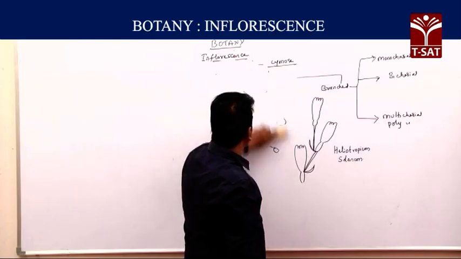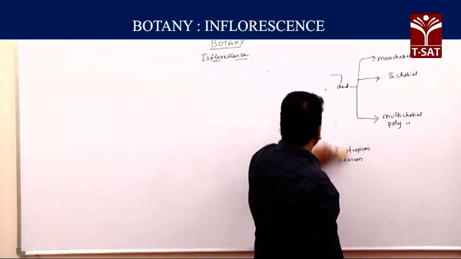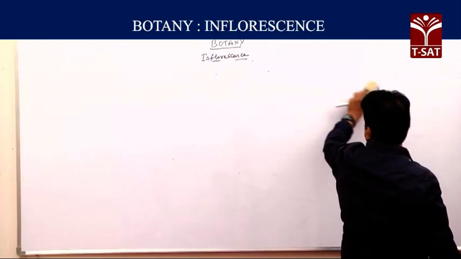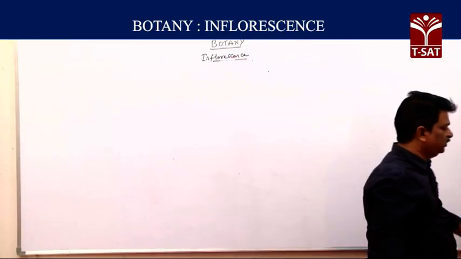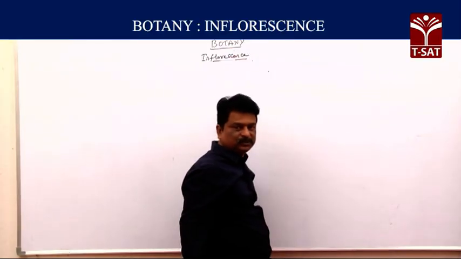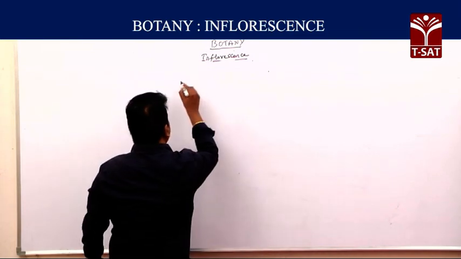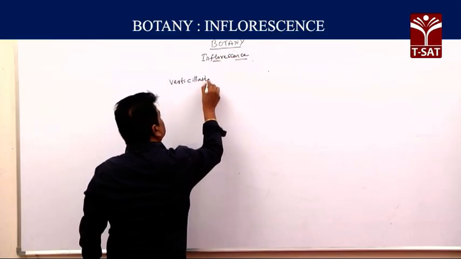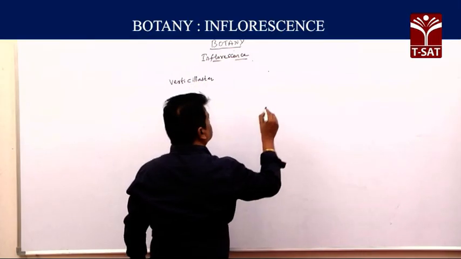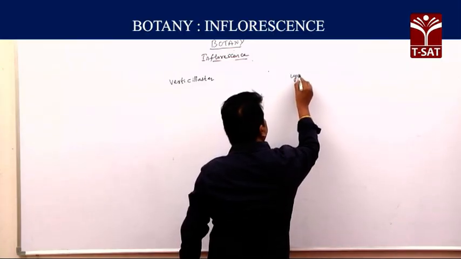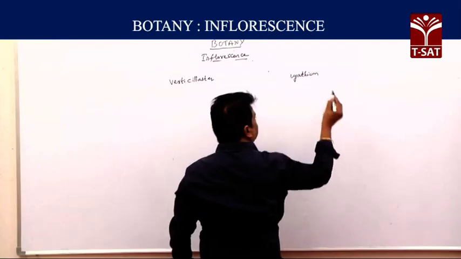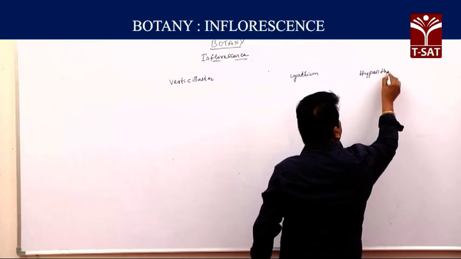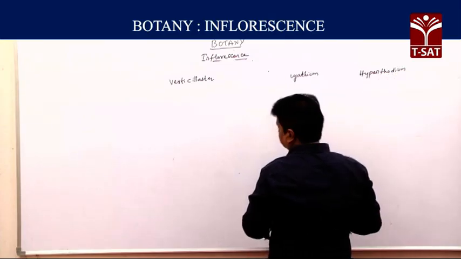Based on growth pattern, special inflorescence is divided into 3 types: one is verticillaster, second one is cyathium, and the third one is hypanthodium. These are the three types.